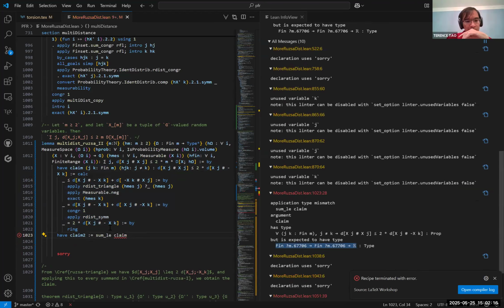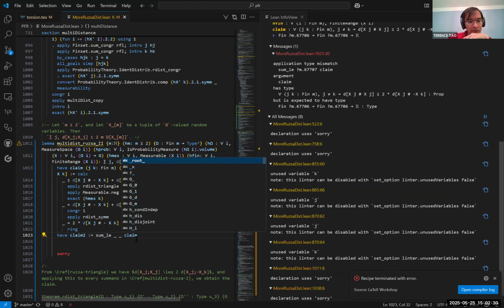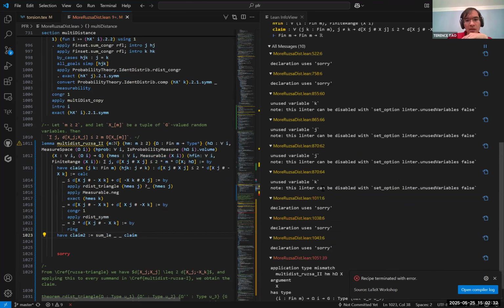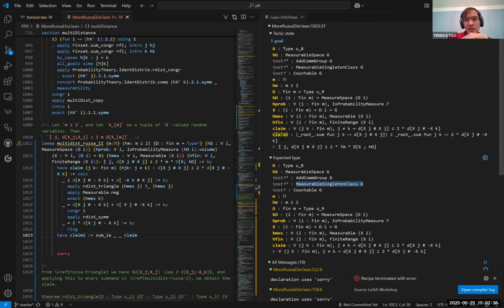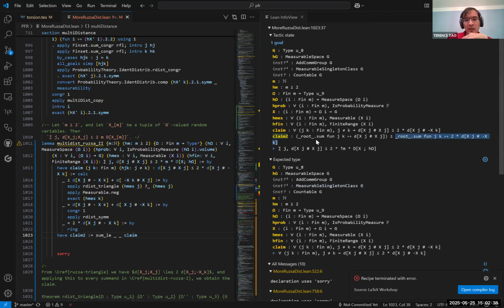Oh, I think it's the wrong argument. Sum less than or equal to first takes two functions and then this claim. If I do that, all right, so that's good. That should give me claim 2.